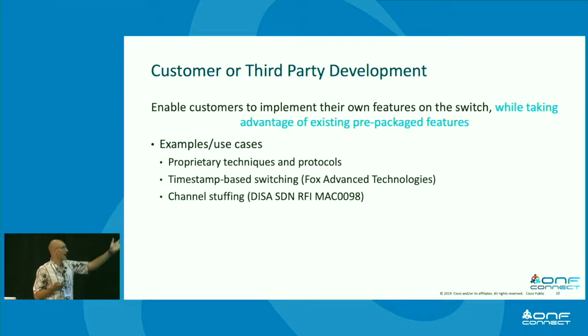So, this could be proprietary protocols that customers want to have. They could be solutions that are specific to a certain segment. I listed here an example that has been published by Fox Advanced Technologies, where they want to switch video streams based on the RTP timestamp. This is something relatively easy to implement, but it's not available in any switch. And it's probably also something that no vendor will want to implement because the market demand is not clear and big enough.